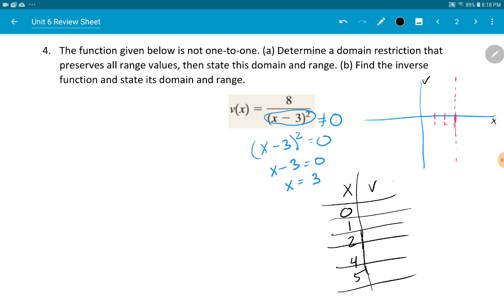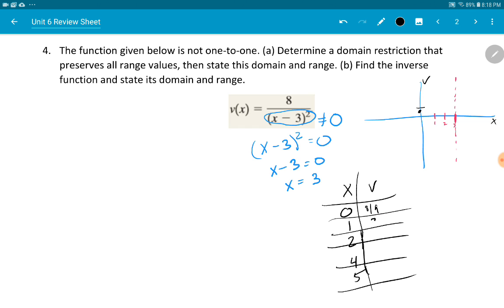Okay, so when I plug in 0 for x, I get negative 3 squared in the denominator, so that gives me 8/9. When I plug in 1 for x, I get 1 minus 3, so negative 2, squared gives me a 4.